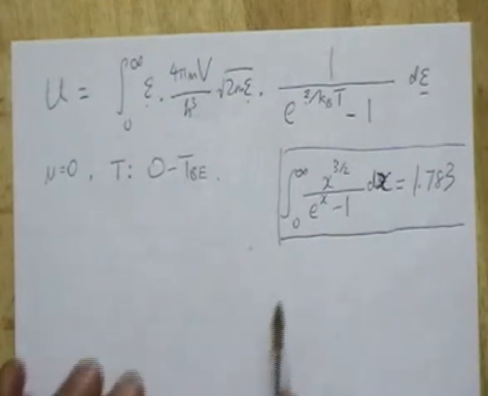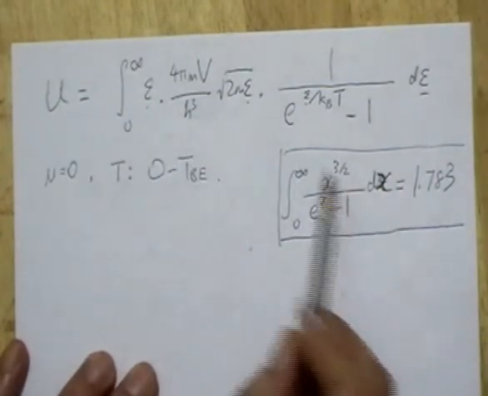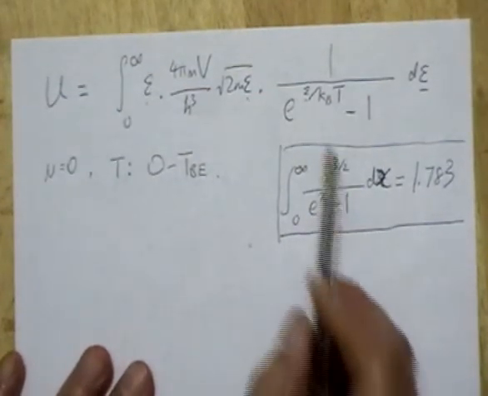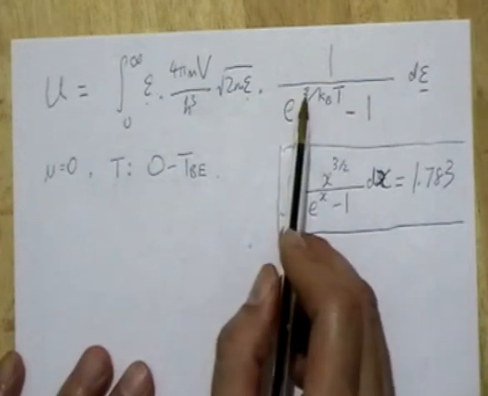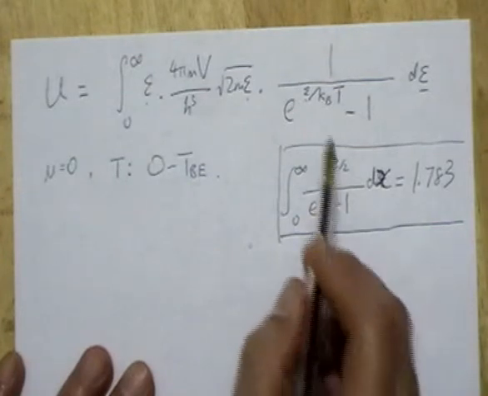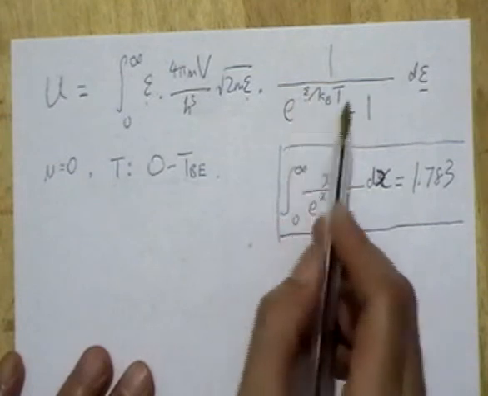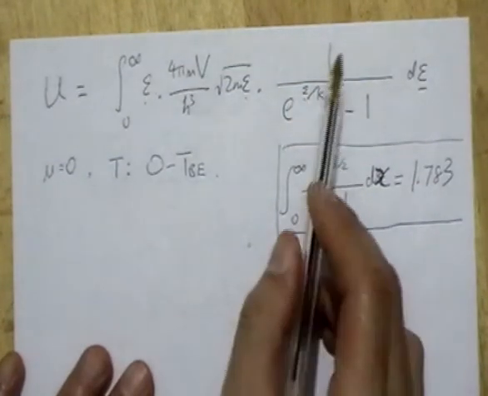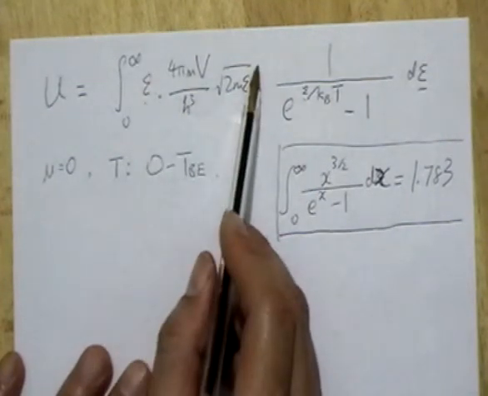So let's quickly see why this can be used for this integration. We have e to the power of x here, and we have e to the power of this argument there that contains the E. So all we need is to make the change of variable by setting this argument to x. And in the denominator we have E times E to the power of half.